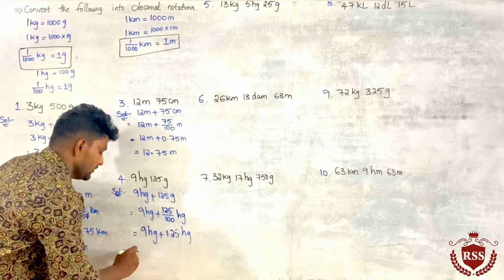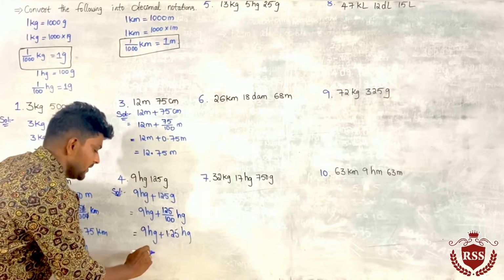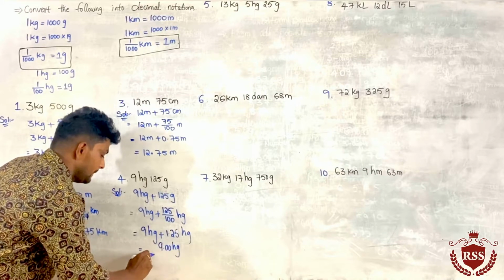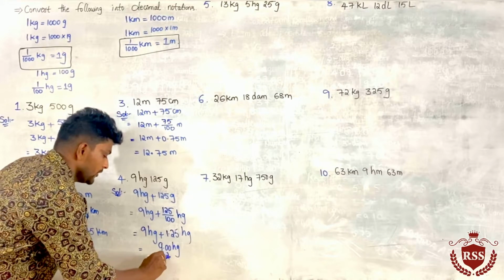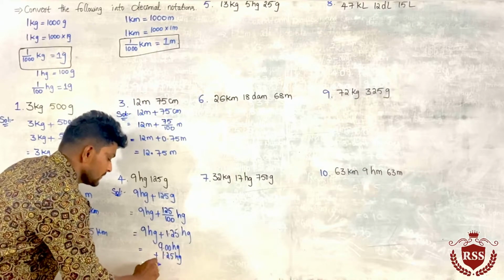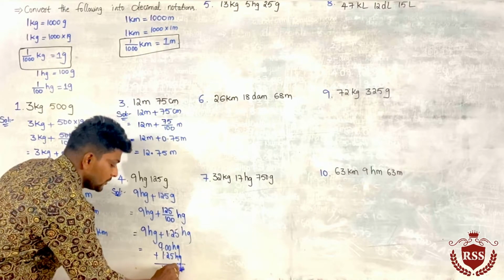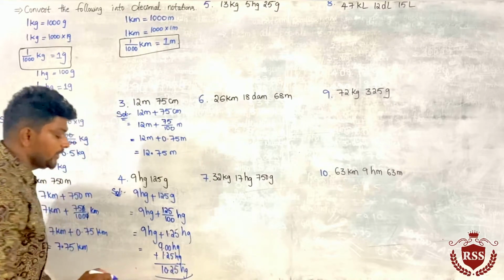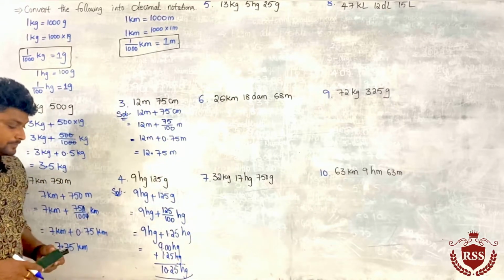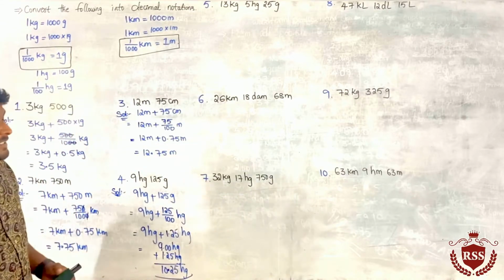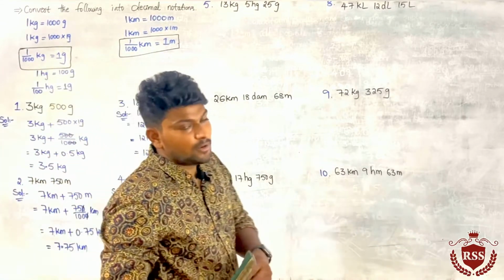If we add the 2 values, it will be 9.00 hectograms plus 1.25 hectograms, which is 10.25 hectograms. 10.25 hectograms is the answer. Please be careful while writing this.